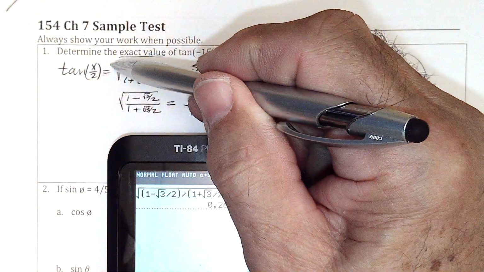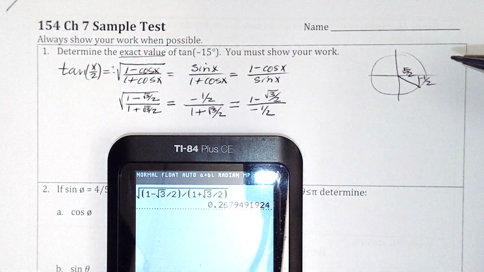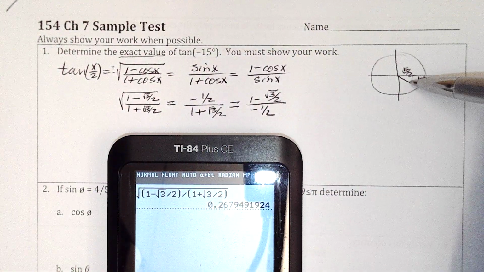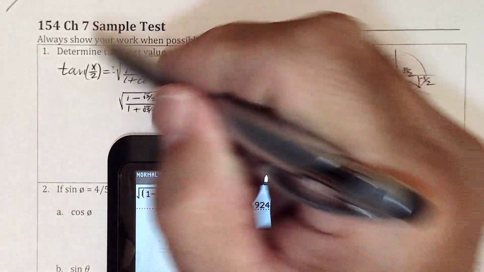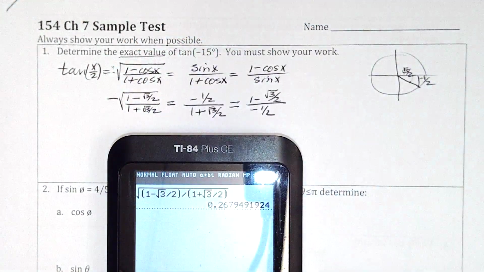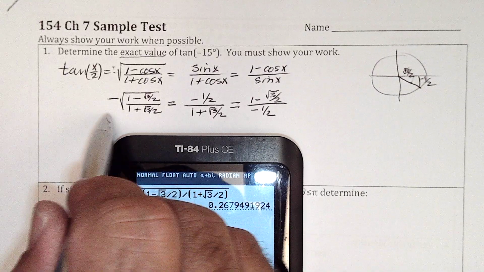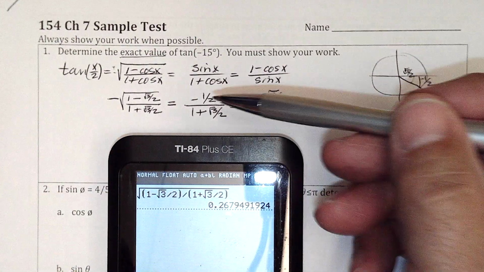Now, here we don't know whether it's plus or minus. Tangent of negative 15 would be in the fourth quadrant, and so it should be negative. So that would be one exact answer.